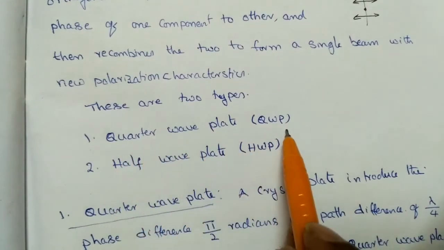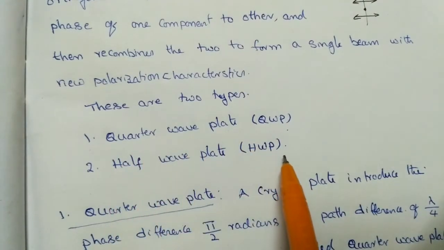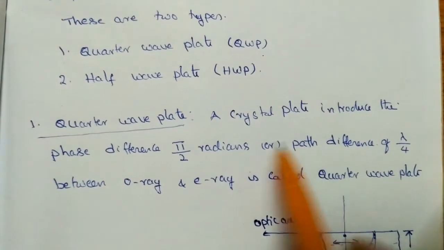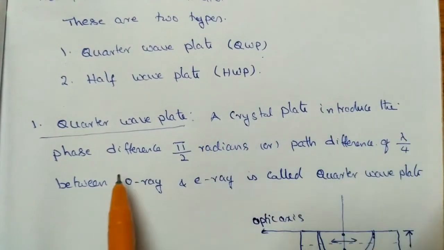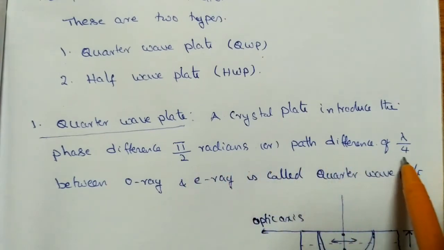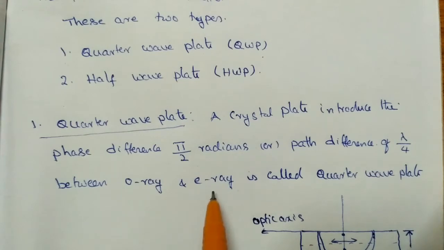Then these phase retardation plates are classified into two types. One is the quarter wave plate, another is the half wave plate. The quarter wave plate means the crystal plate introduces a phase difference of pi by 2 radians, or a path difference of lambda by 4, between the O ray and E ray.